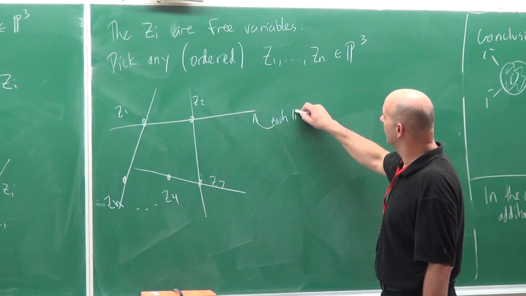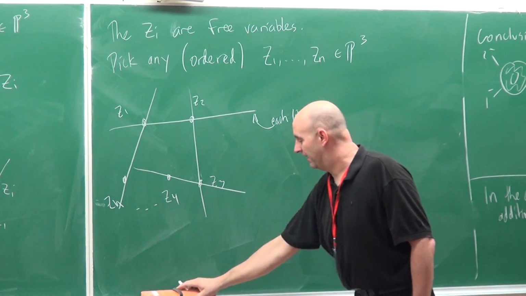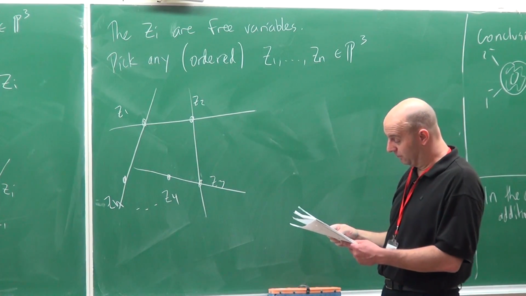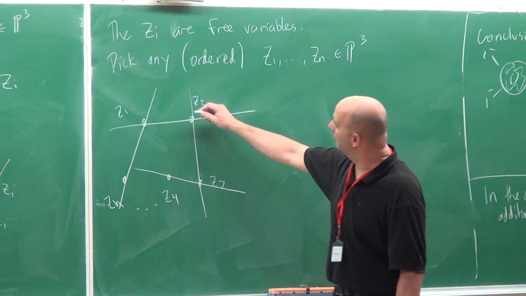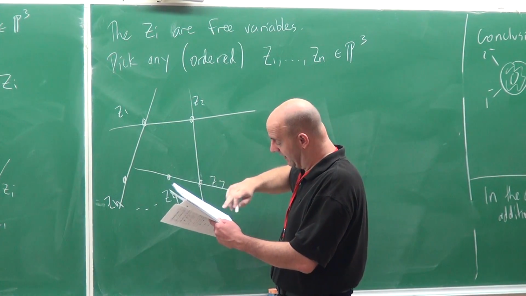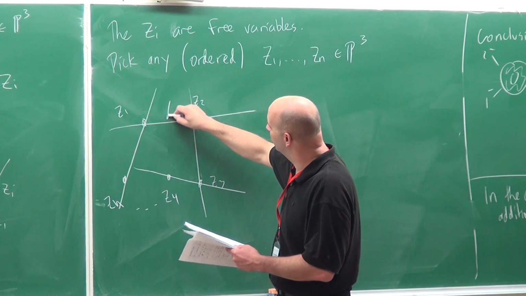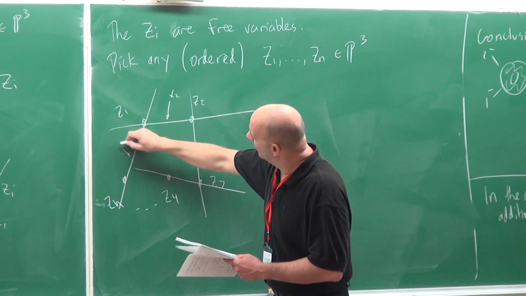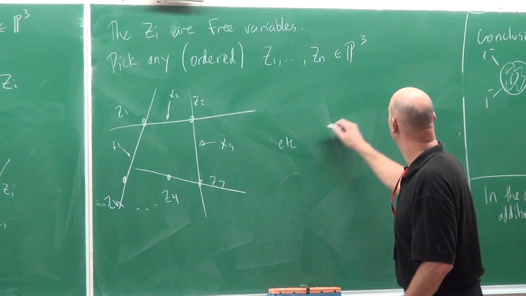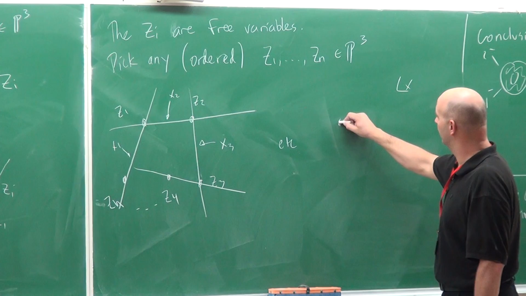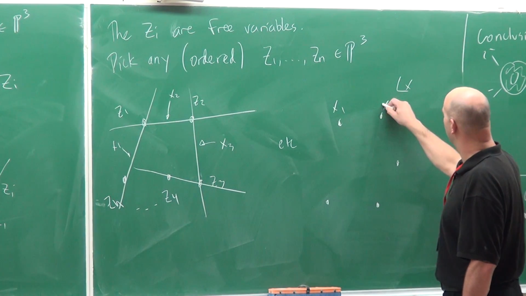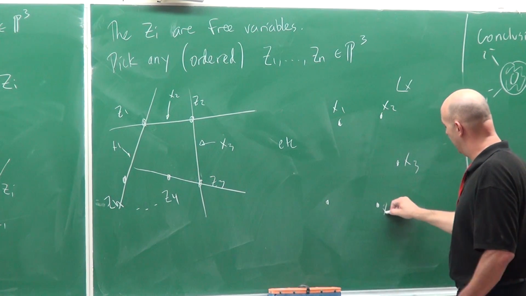Each of these lines corresponds to a point in Minkowski space. So this line corresponds to the point x1. No, in my convention, this is x2, x1, x3, etc. So over here in Minkowski space, we have x1, x2, x3, x4.